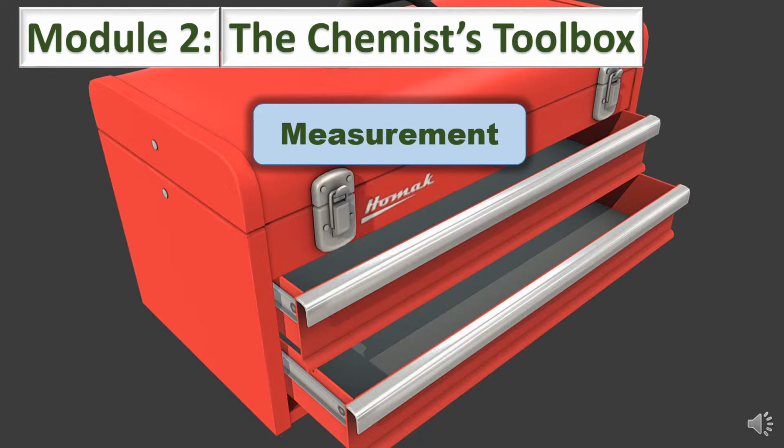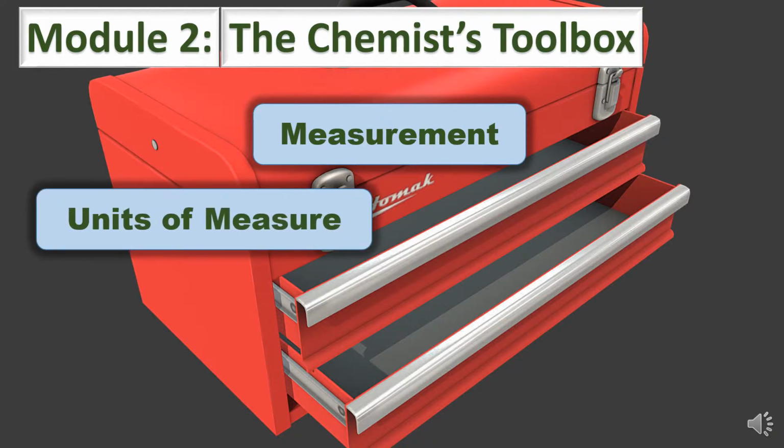We're going to start with some very basic measurements that you're pretty familiar with, and then we will move on to measurements that we use specifically in chemistry. In doing this, we're going to talk units of measure.